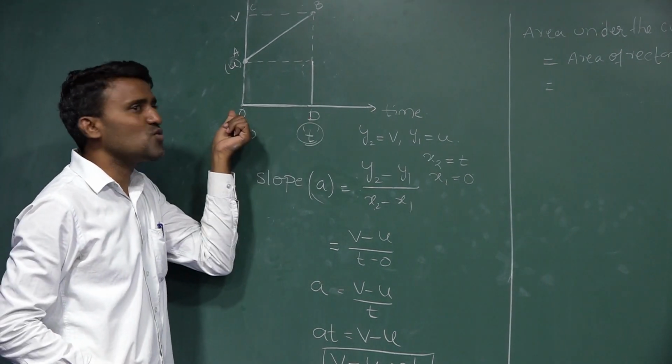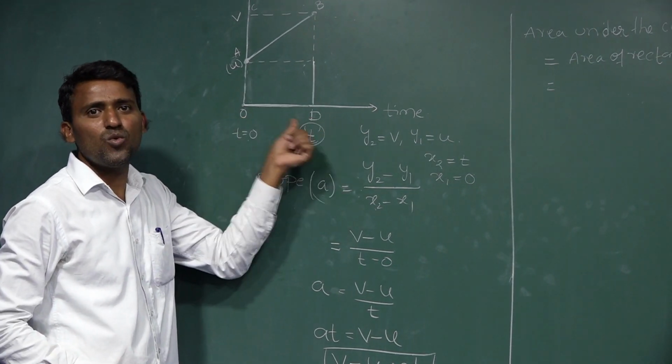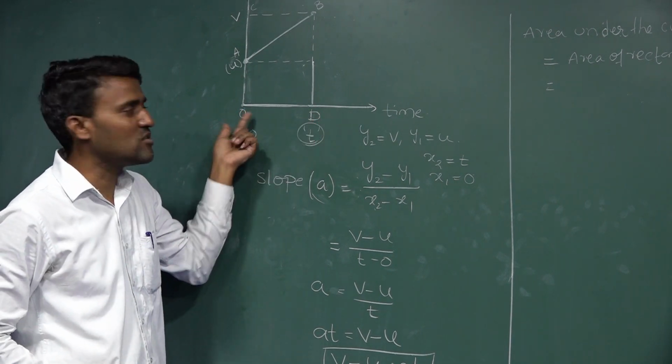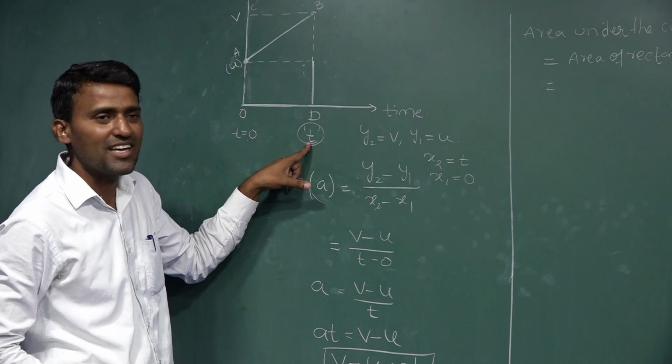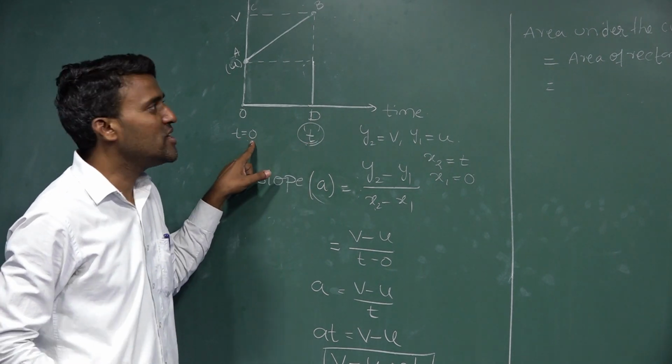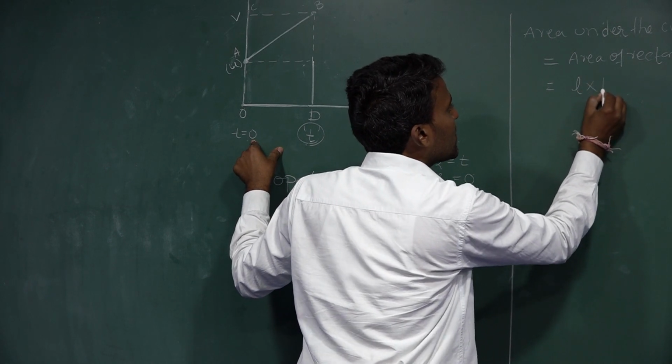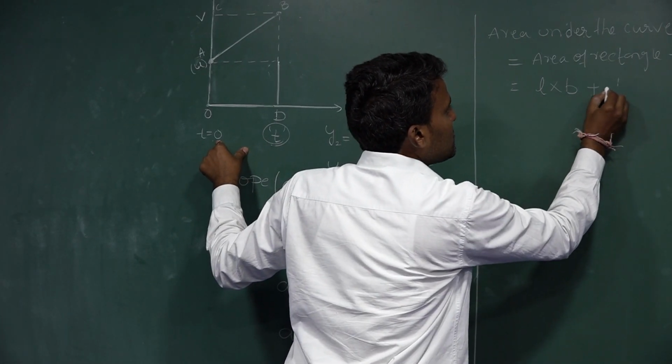So D minus O, final position minus initial position. Here the final position is t, the initial position is 0.